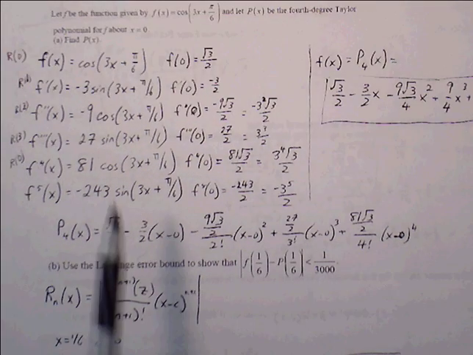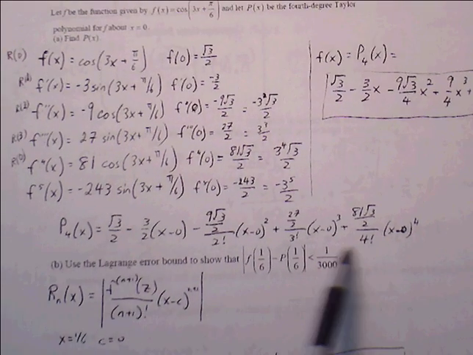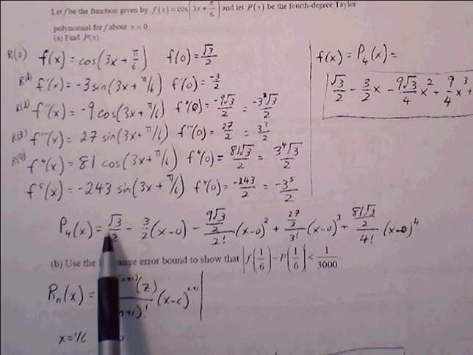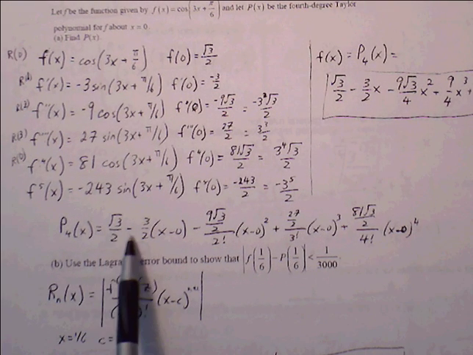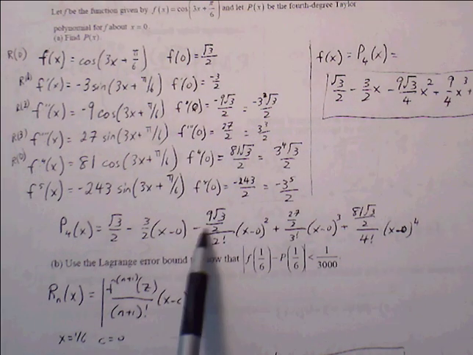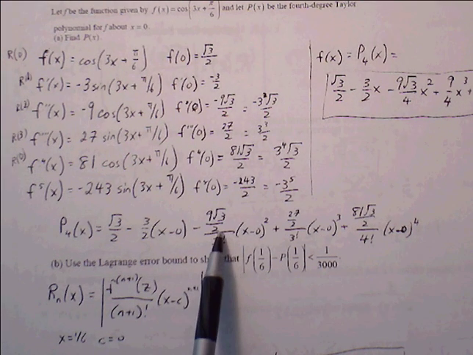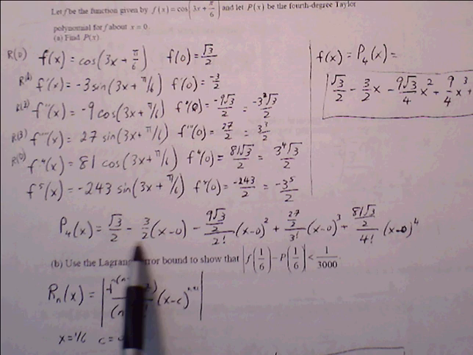All right, so we can build our Taylor polynomial. This is going to be our y sub 1 minus our slope times x minus x sub 1, and then we can build starting with the 2nd derivative here, because the first 2 terms is just going to be a tangent line.